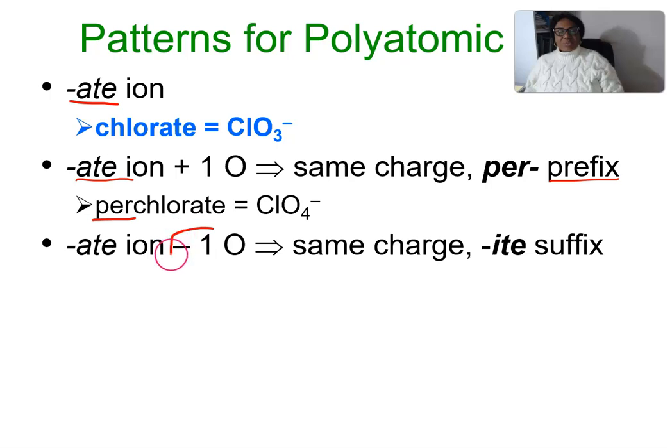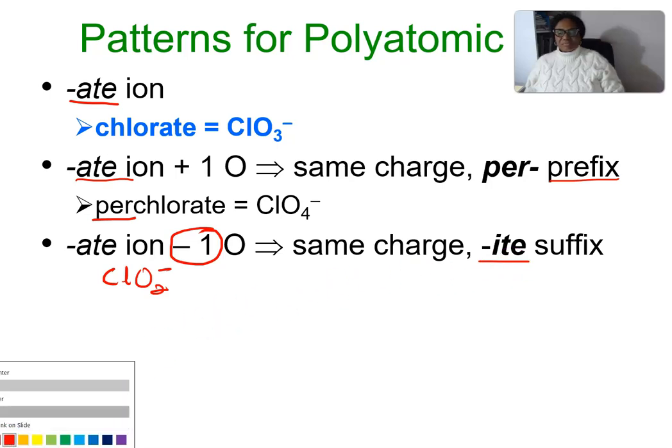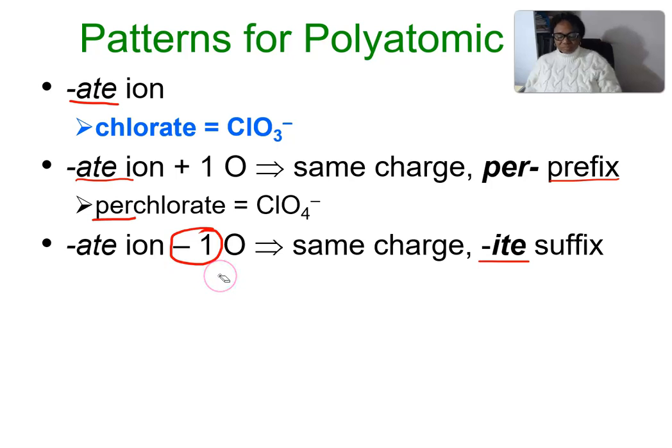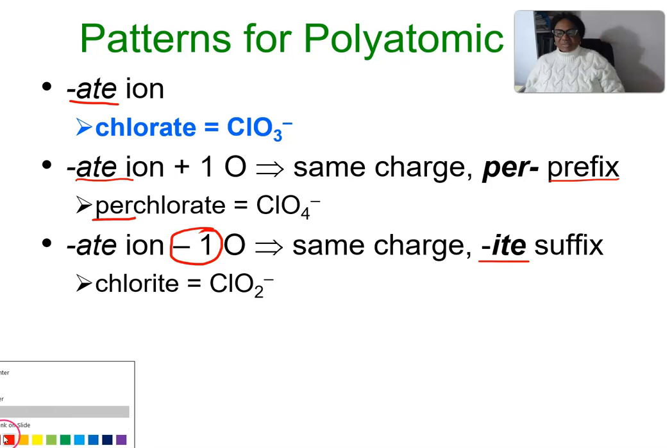If I minus one oxygen atom, the formula will become now ClO2 minus. See, I am subtracting it from this. So now I will change this name ATE to ITE. That's what I'm talking about. So you see, the name will change from ATE to ITE.